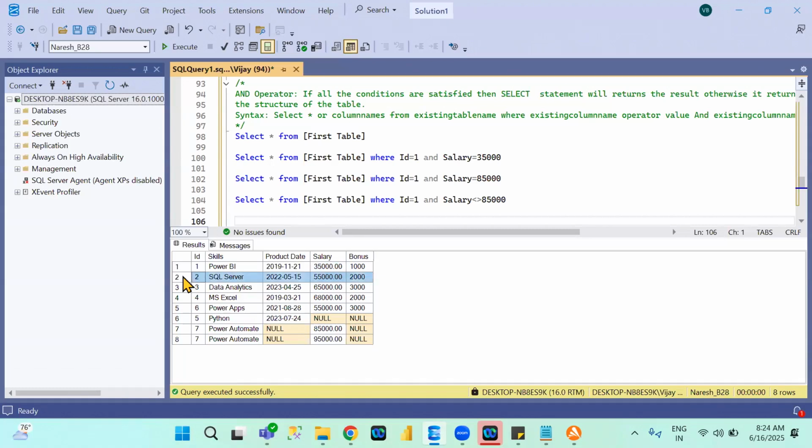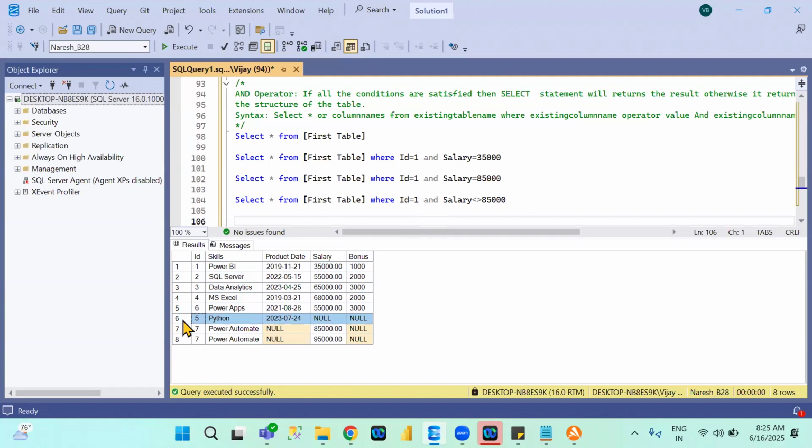When it comes to here, ID is equal to 1: the first condition itself is not satisfied in this one, this one, this one. Then how will you say the second row is also satisfied? Do you understand what I'm saying?